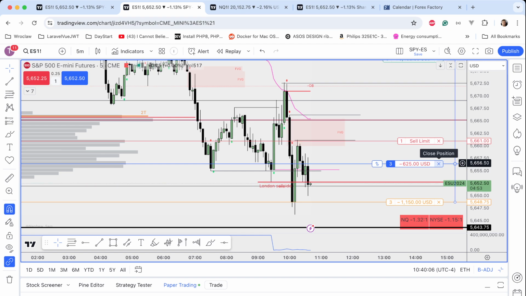Still looking like it could push higher. They take time. At any point this can drop. I think I need to get out of that.